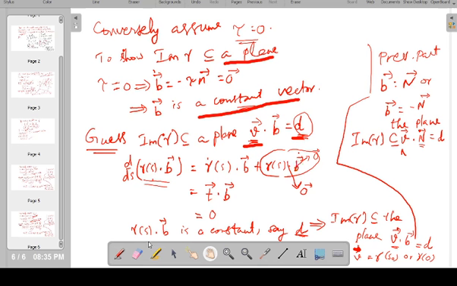This means that precisely the image of gamma is contained in the plane v dot b equal to d, where v is gamma of s naught for some point s naught in the domain of gamma.